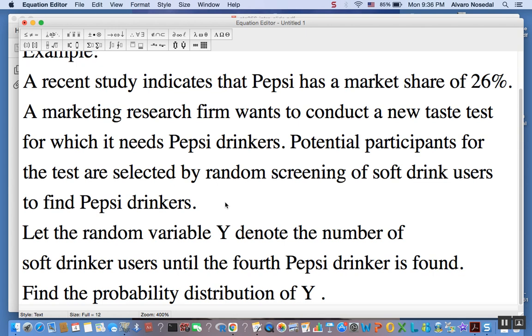Note that in this case, instead of being interested in how many we need to contact until we find the first Pepsi drinker, we are interested in the number of soft drink users that we need to interview until we find the fourth Pepsi drinker. And our task is finding the probability distribution of this new random variable Y.